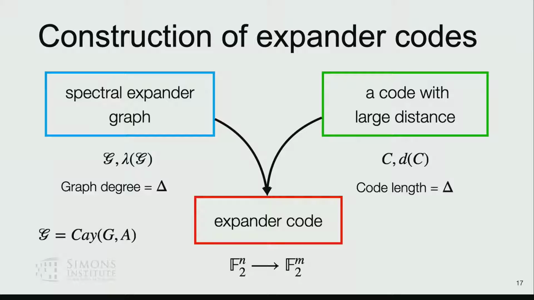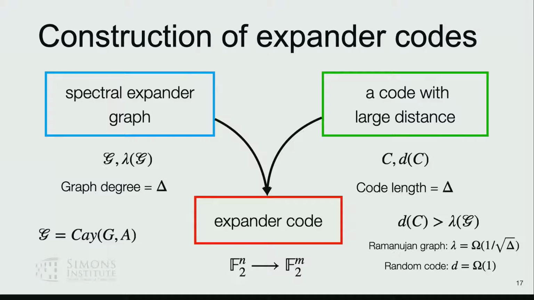Now, there's this general construction, but in fact not all constructions have nice properties. So when do we know this works? Fortunately, there's a simple criterion: when the distance of the code is larger than lambda, together you get a good expander code.